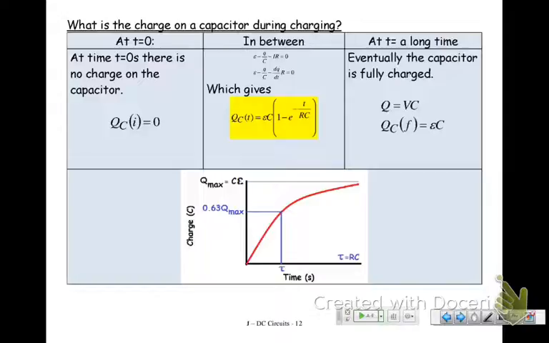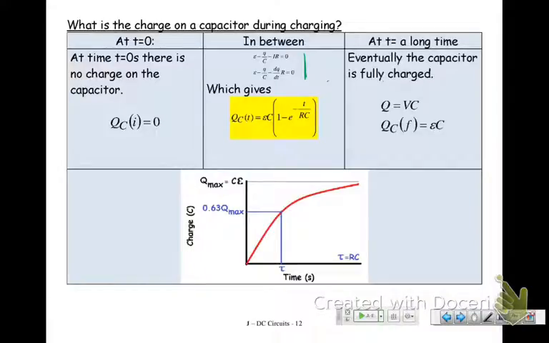We take these laws, and we notice that we have a function of Q and dQ/dt, and that's the differential equation. So we need to solve it. Well, we don't, because you don't need to know differential equations for this course, so we pull the solution out of a hat.